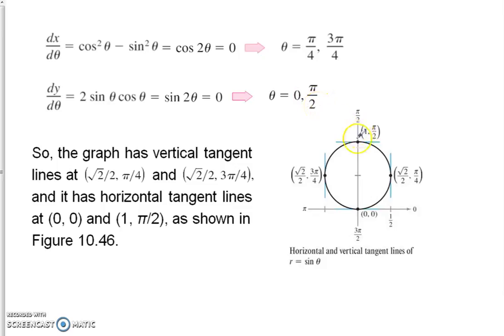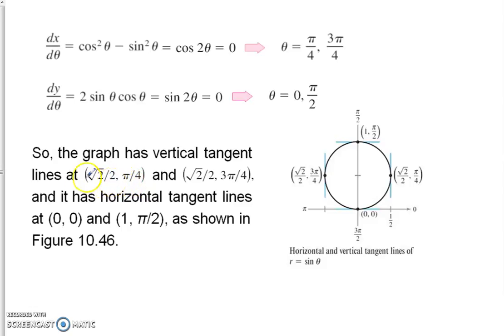So you can see here we've got a horizontal tangent, another horizontal tangent down here at 0 and at pi over 2. And we've got vertical tangents at pi over 4 and another at 3 pi over 4. To find those points, we'd go back and find r cosine theta.